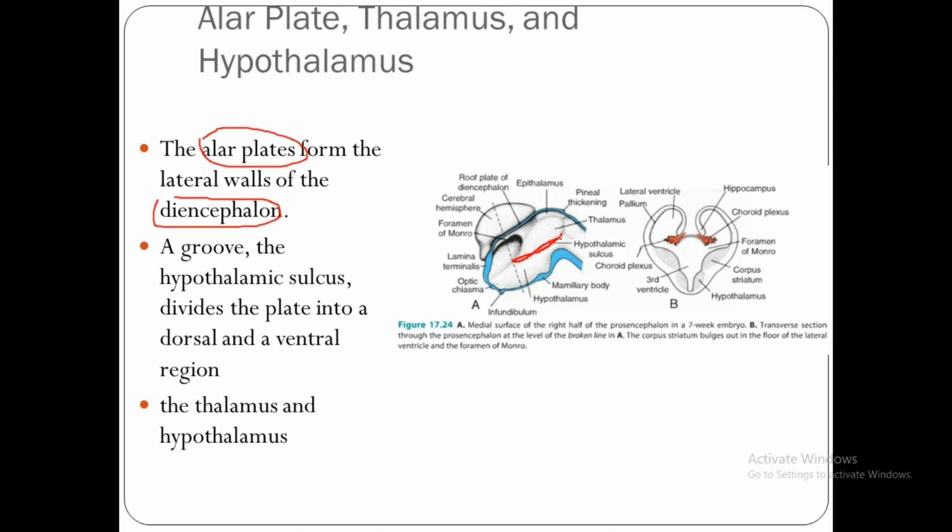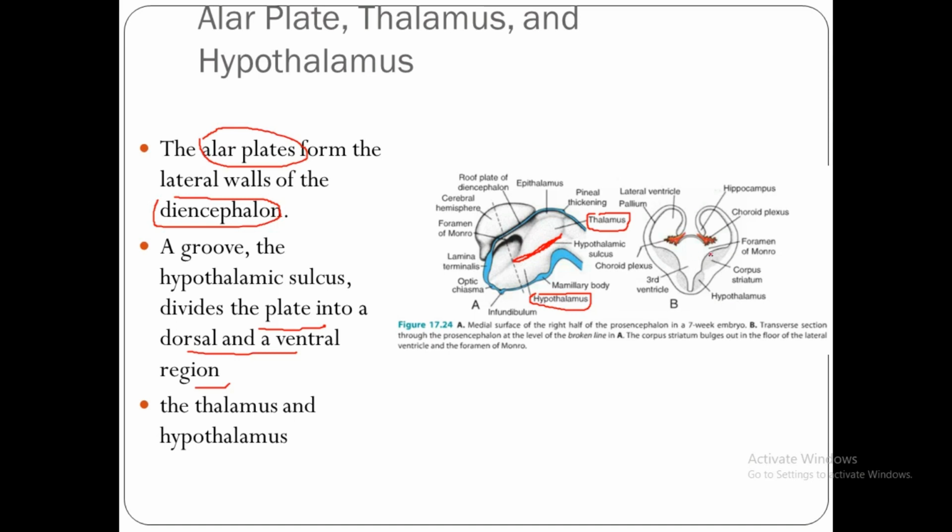You see, this is a groove, the hypothalamic sulcus, that divides this plate into dorsal and ventral regions. So this entire plate is known as alar plate that will be divided by hypothalamic sulcus. Now the dorsal part will be converted into thalamus and this ventral part will be converted into hypothalamus.